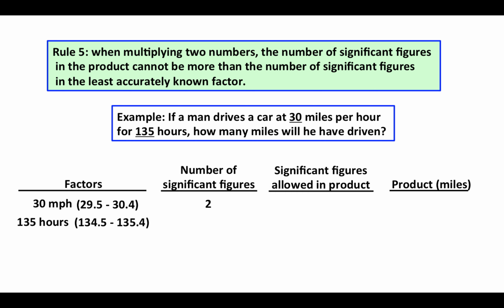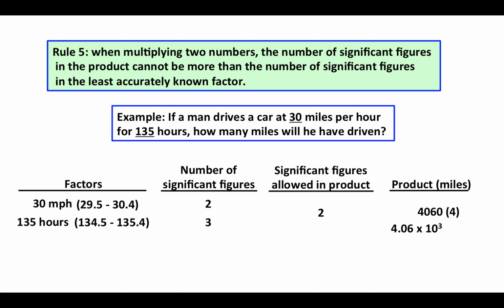My speed is known to 2 significant figures. My hours is known to 3 significant figures. But the significant figures allowed in the product is only the smaller of those 2 numbers, which is 2. Where I might be tempted to show the product of 30 miles per hour and 135 hours as 4,060 miles, I really don't know that number in that much accuracy, because that's 4 significant figures.